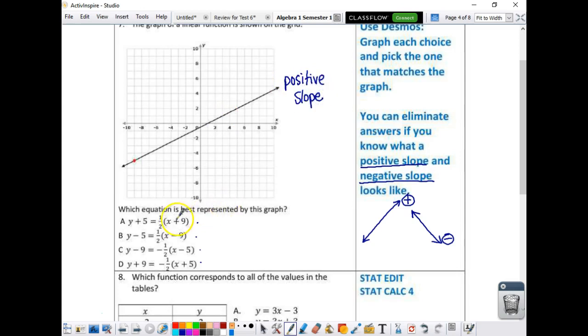And so for point slope form, because each of these answers are in point slope form, then your slope is this one. So C and D are out because they have a negative slope. So type each of these into Desmos and see which one matches with your line.